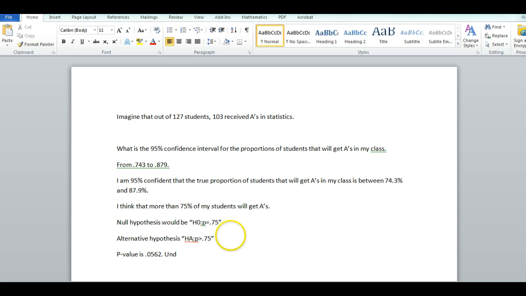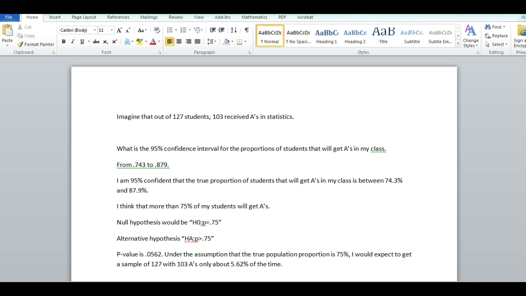So that means under the assumption that the true population proportion is 75%, I would expect to get a sample of 127 with 103 A's only about 5.62% of the time. This is rare, but it's not rarer than 5%.